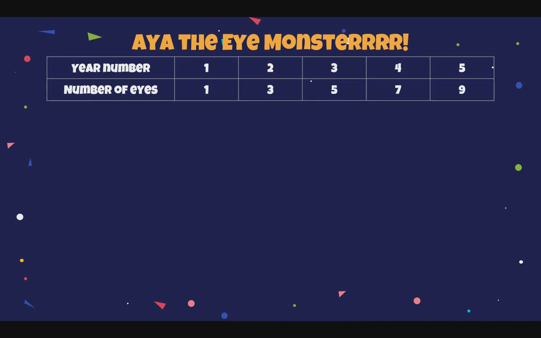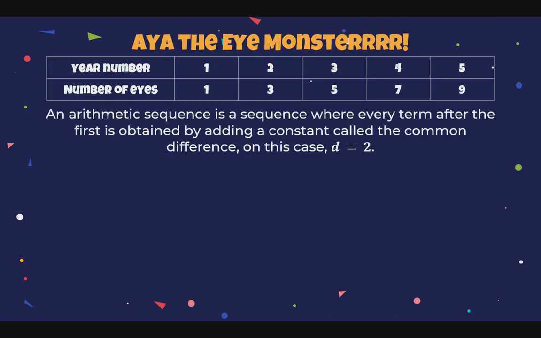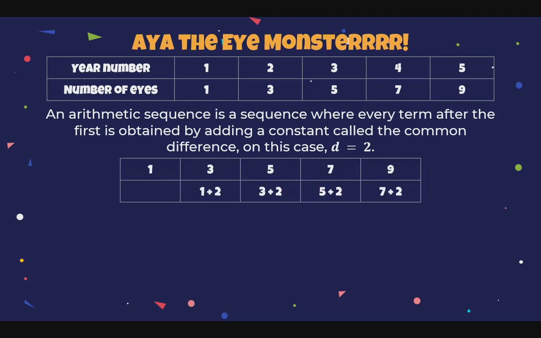So, year number and the number of eyes. As stated, it is an arithmetic sequence and the common difference is 2. In an arithmetic sequence, we add the common difference to a term to get the next term.